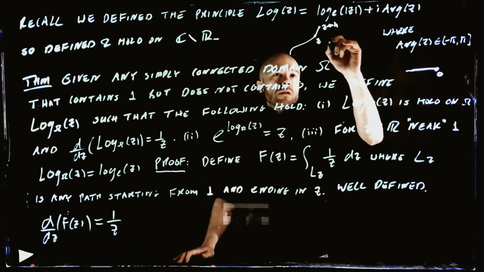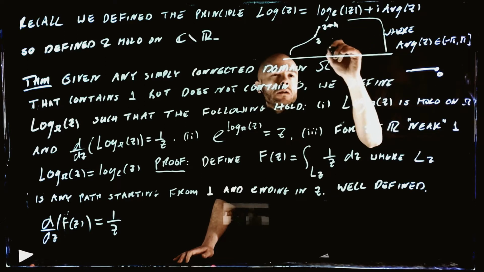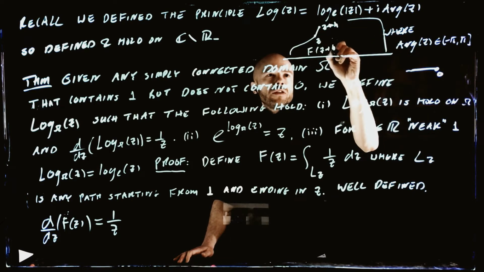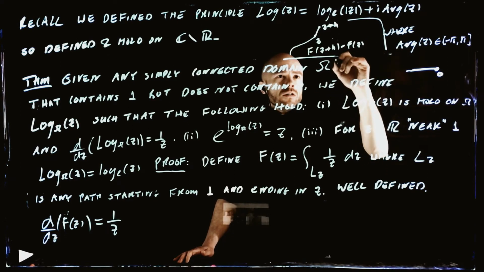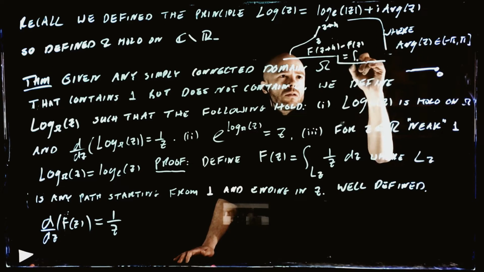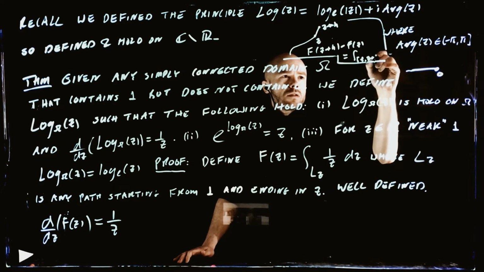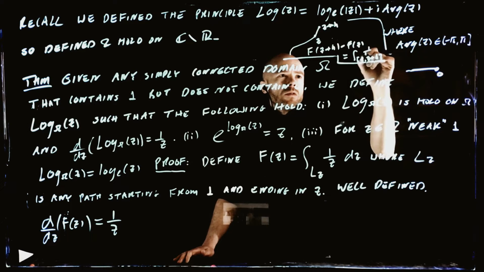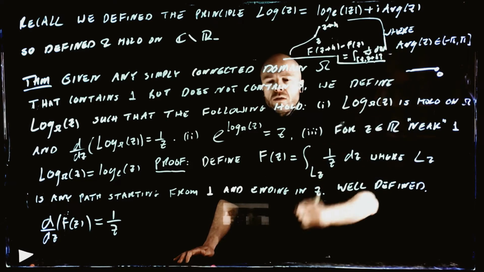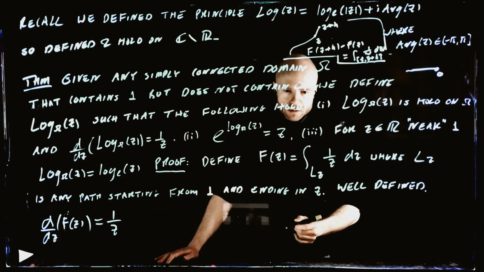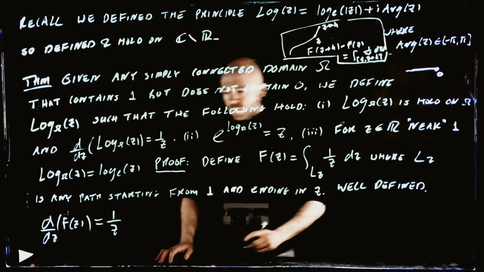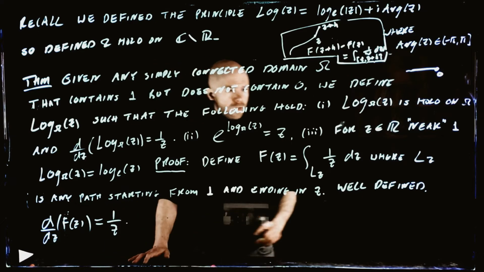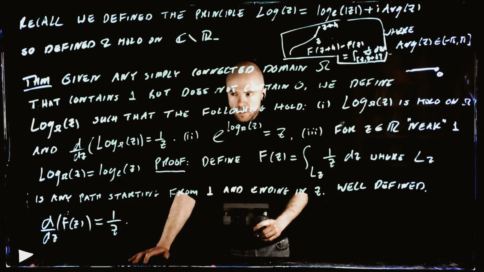Then capital F of z plus h minus capital F of z is just this integral over this little line segment of 1 over w, since we've picked z. So exactly the same argument will give you this. Everybody happy with that? Okay, good. So point 1 is not difficult.